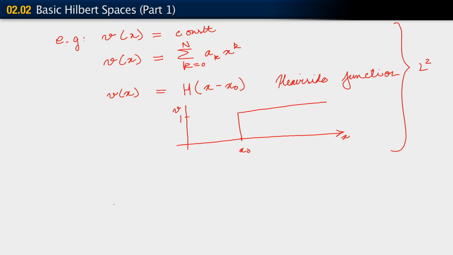If you have the Dirac delta function, v of x equals delta at x minus x naught, this function does not belong to L2 on 0, L.